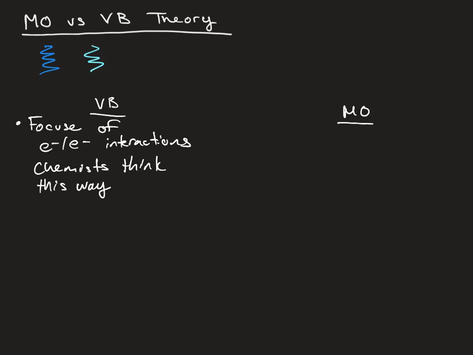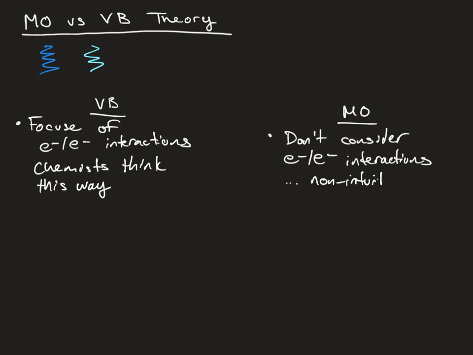MO, on the other hand, does away with these electron-electron interactions to derive a view of bonding. Because of this, you have to do some thinking in order to go between an MO description and the way in which we think about chemical structure and reactivity in a Lewis sense of the word.